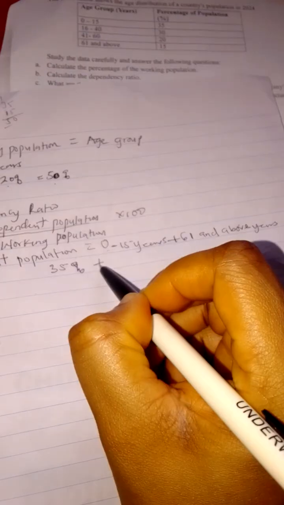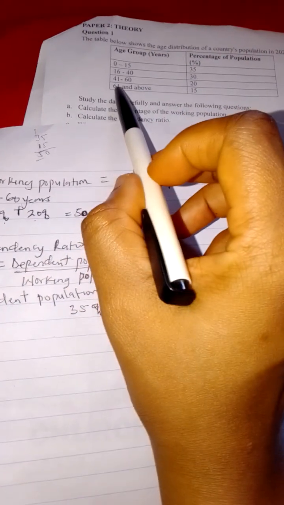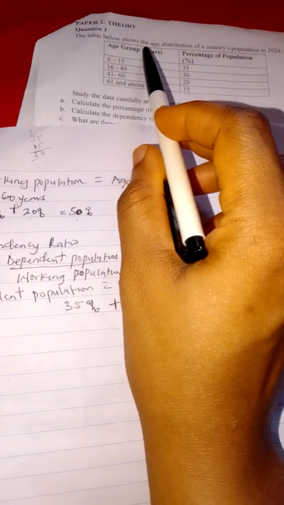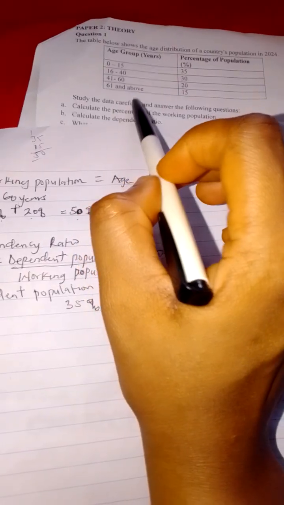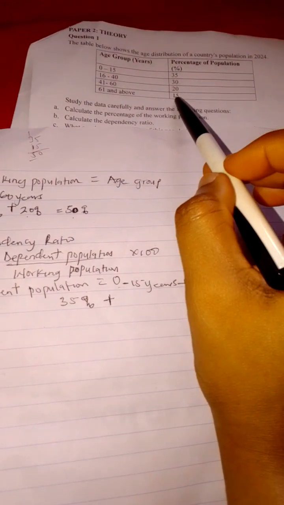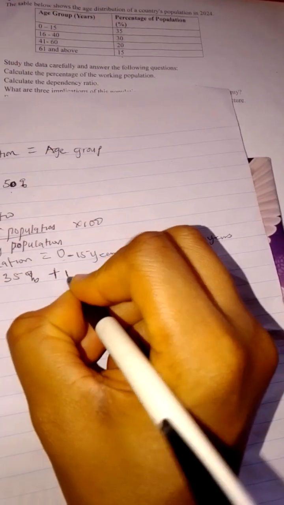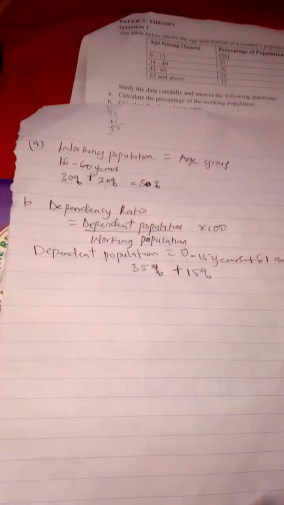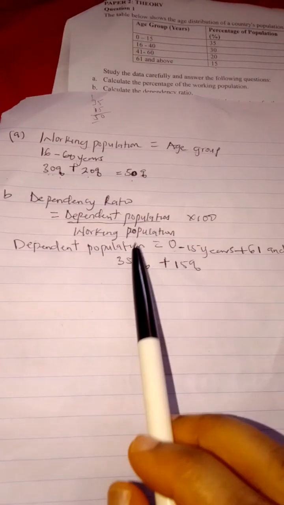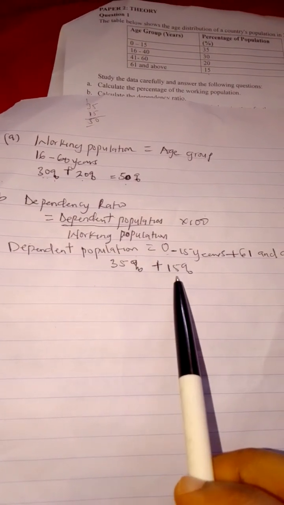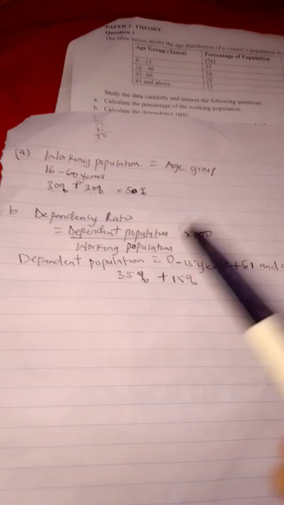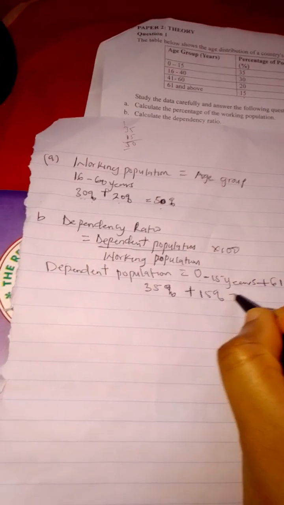Plus the 61 and above age group, we have 15% of the population. So 35 plus 15 gives 50.